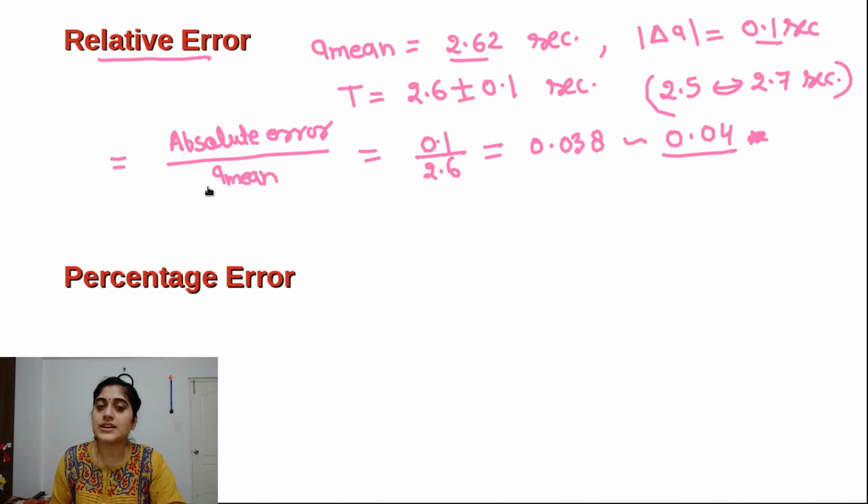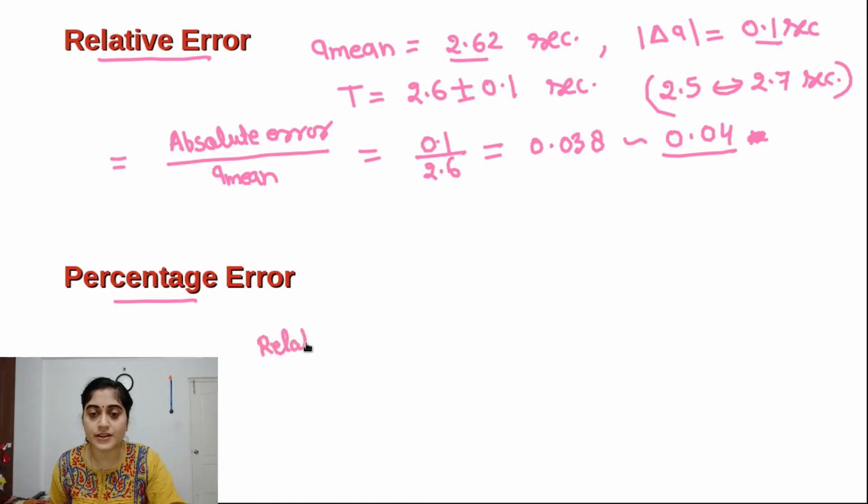Now this relative error is with respect to the mean value. Now the percentage error. Percentage error is simply the relative error that you found multiplied by 100. That is called percentage error. So relative error was 0.04.